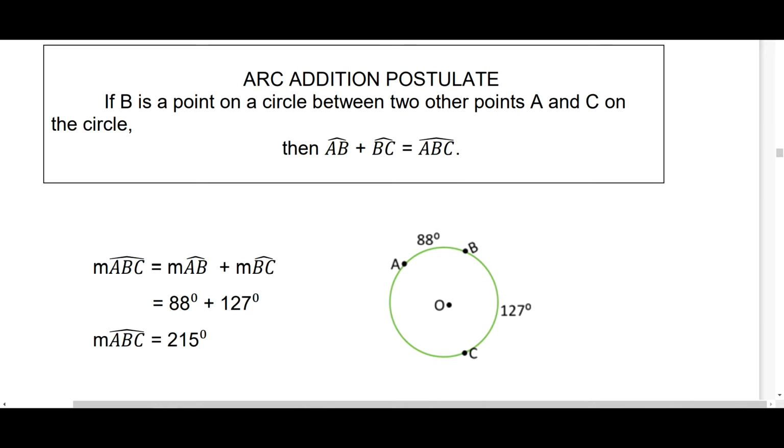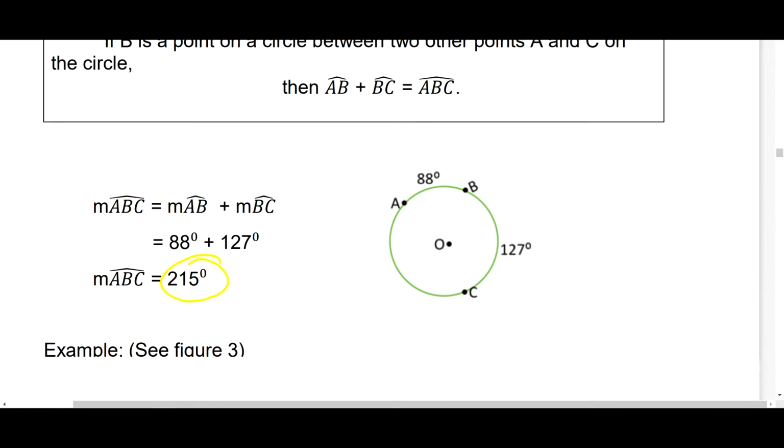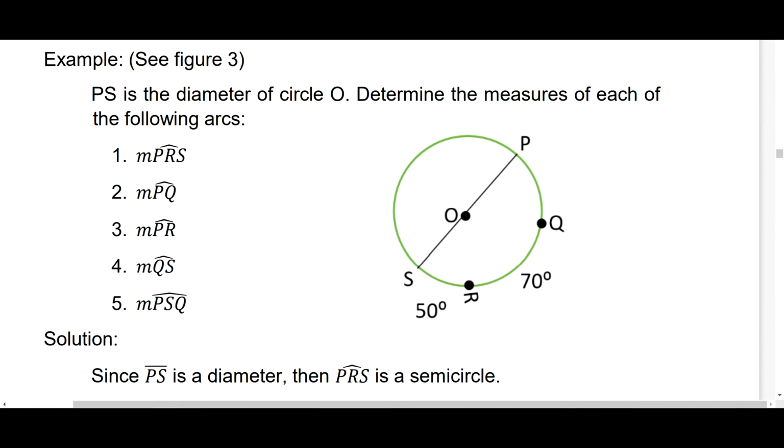So example yan, arc AB is 88 and arc BC is 127. We want to know the measure of arc ABC. So add mo lang si AB at saka si BC, you'll get 250. So, that's the essence of arc addition postulate.